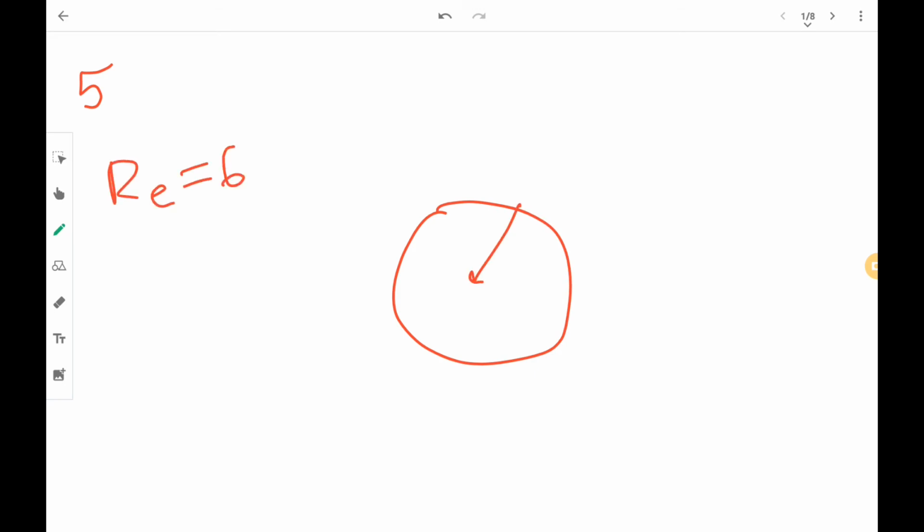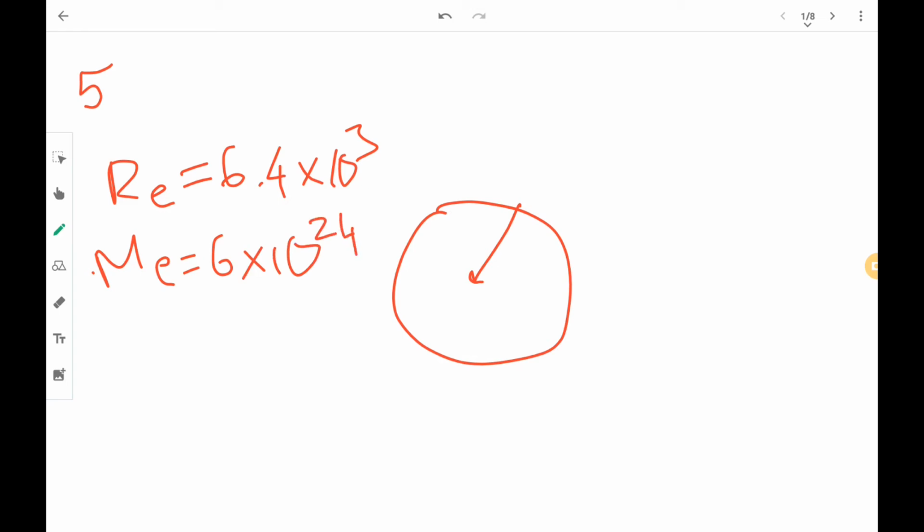Okay, so for basic question 5, we have the Earth with its radius 6.4 times 10 to the power of 3 kilometers, and you have the mass of the Earth 6 times 10 to the power of 24 kilograms, and you have the constant G, 6.67 times 10 to the minus 11.